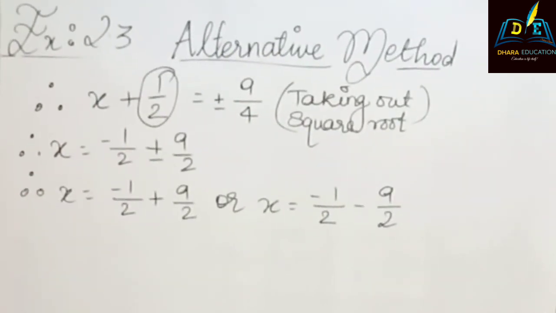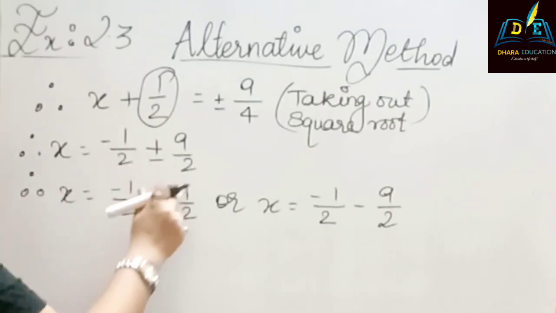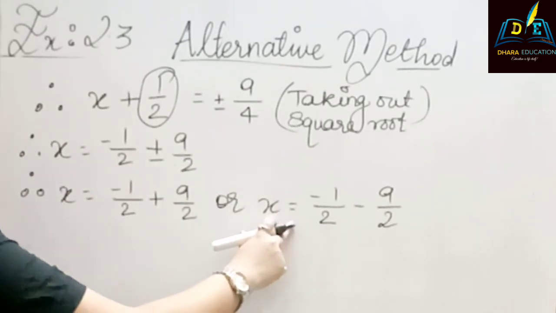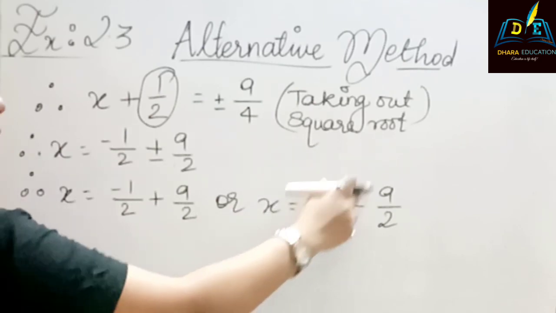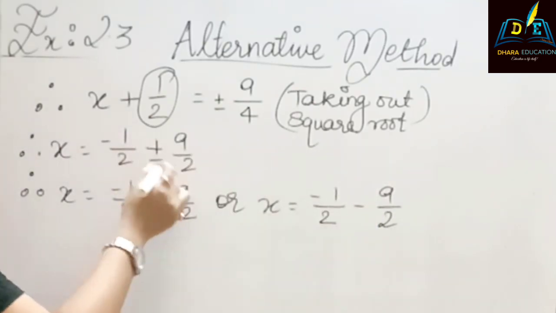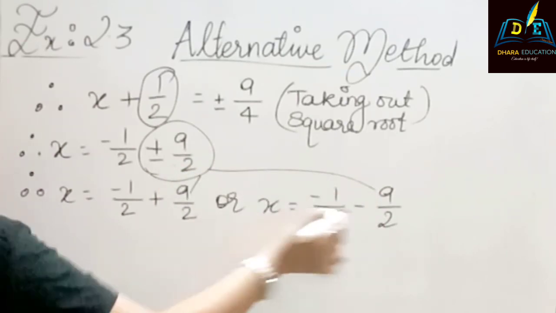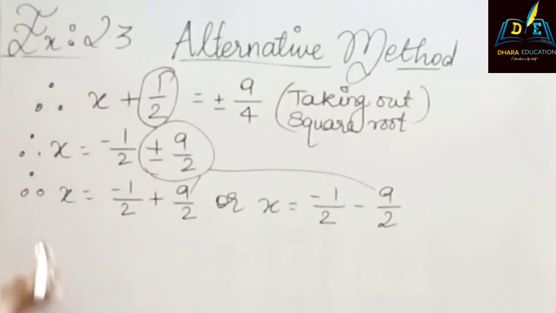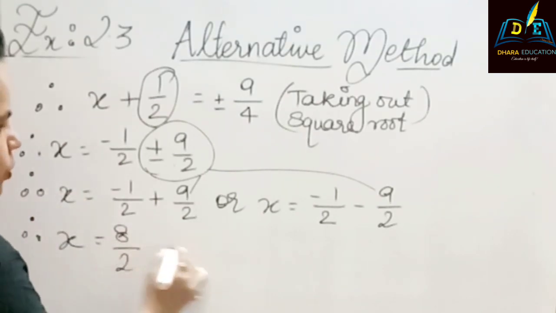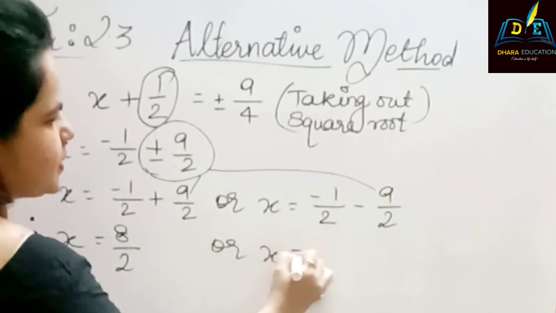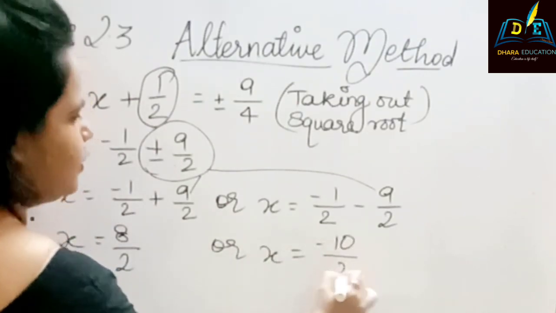Now students, x equals minus 1 upon 2 plus 9 upon 2, or x equals minus 1 upon 2 minus 9 upon 2. Taking it in this way, one will be positive, another will be negative. What are we getting then? x equals 8 upon 2, or x equals minus 10 upon 2.